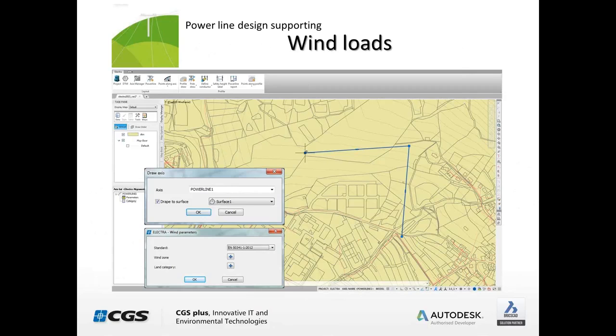As you can see here, when we define the alignment or the power line, we can define its parameters, its name, and we can also define to which surface it will be automatically projected, so that the creation of profile views is dynamic and automatic. But also the wind parameters can be specified for each power line.